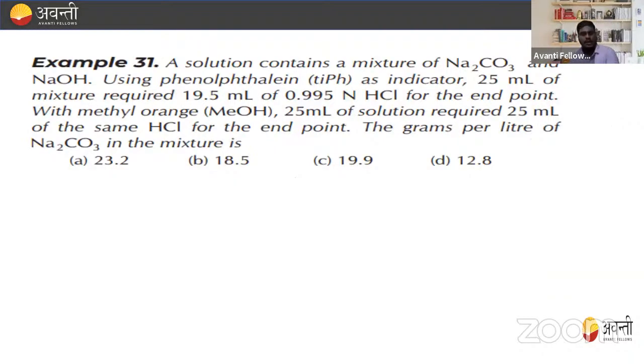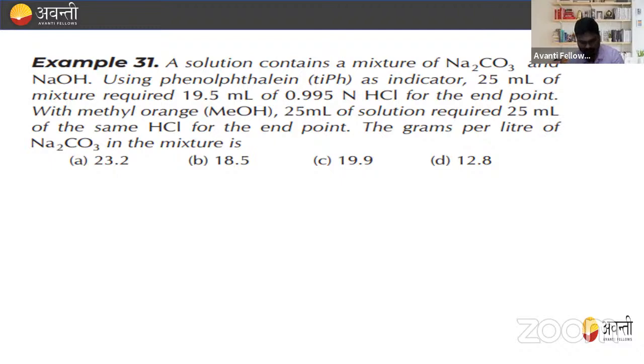Now, this is example number 31. What does example 31 basically want from you? A solution contains a mixture of Na2CO3 and NaOH, right? Using phenolphthalein, that is the PH endpoint, as an indicator, 25 ml of the mixture required 19.5 ml of 0.995 normality HCl, right?